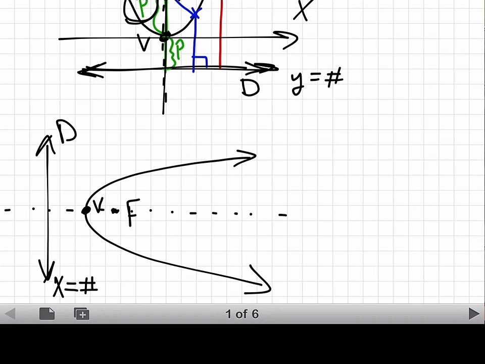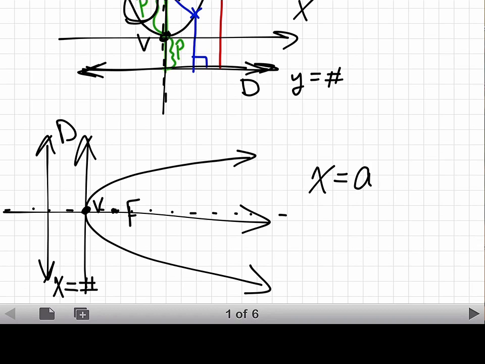And if this parabola on its side had its vertex at the origin, then it would have the equation x is equal to a y squared. And it's still the case that the distance between the vertex and the focus would be labeled p, and a would still be 1 over 4p.